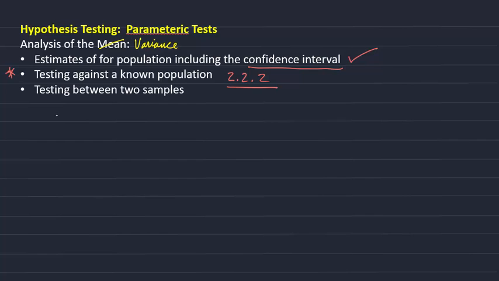So say previous studies inform you of the variance of a known population.